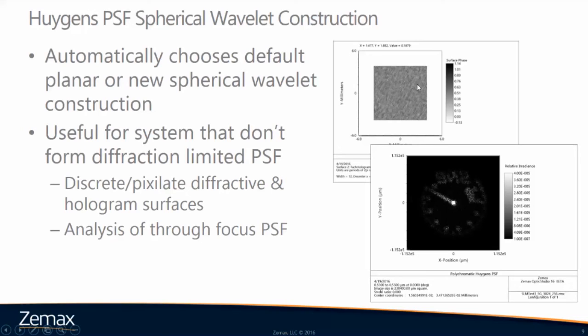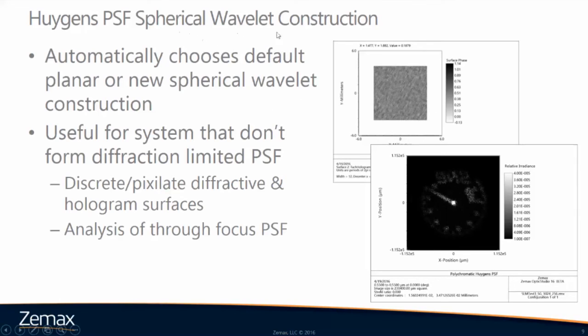As an example here, we're looking at the phase map of a very complex diffractive surface, and this surface has been designed to take collimated light and form a tachometer distribution of energy. And previously, the Huygens PSF could not be used to accurately simulate this distribution of energy after rays propagate through this phase mask.